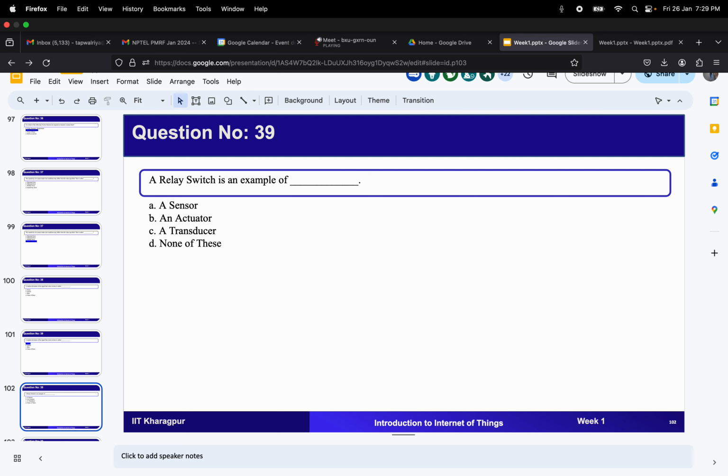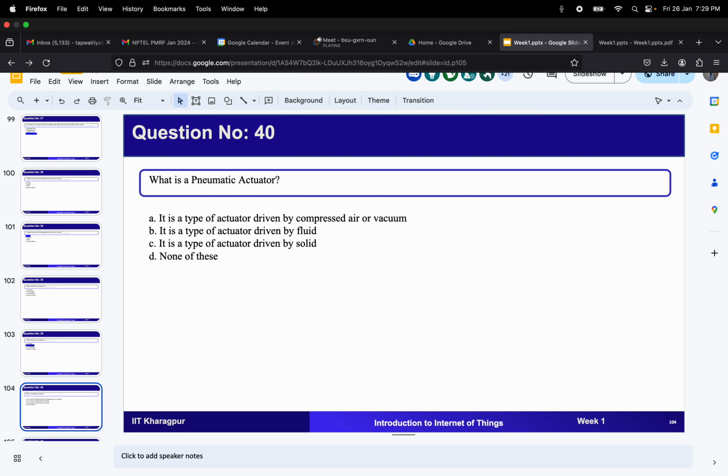Next question is a relay switch is an example of blank. Options are a sensor, an actuator, a transducer, none of these. It's actuator. Right, relay is actuator. Next question is, what is a pneumatic actuator? Options are, it is a type of actuator driven by compressed air or vacuum. It is a type of actuator driven by fluid.